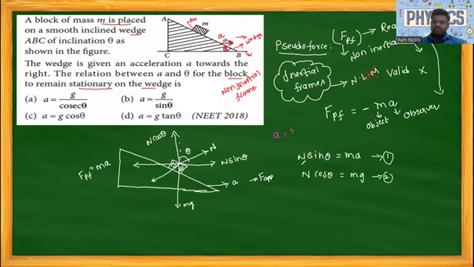Now if we divide both, n gets cancelled, and tan theta is equal to a by g. Then acceleration a is equal to g tan theta. So option 4, option D, is our correct answer: a is equal to g tan theta.